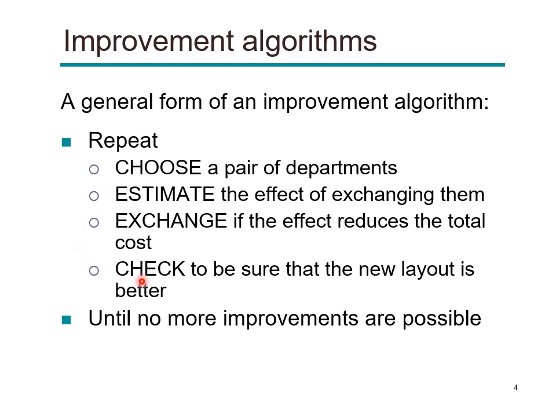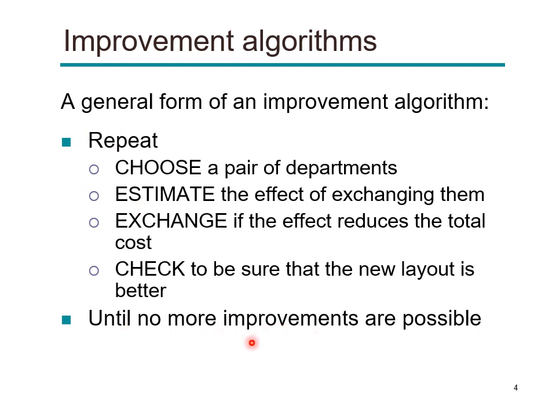Of course, if the new layout is not better than the previous one, they return to the previous one. And we repeat these steps, choosing, estimating, exchanging, and checking, until no more improvements are possible in the layout. So these are the general steps of an improvement algorithm.